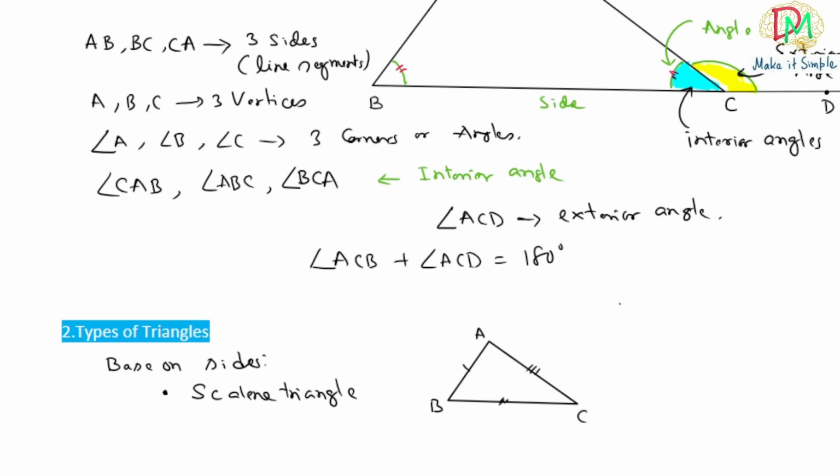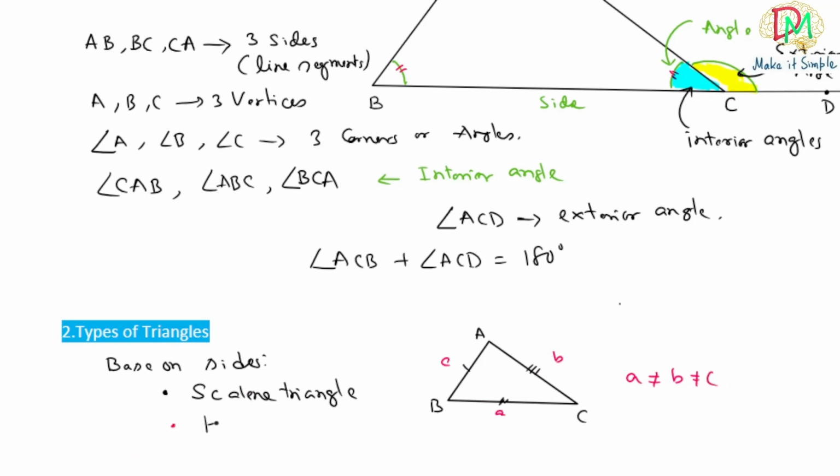And also we can represent this length of BC, since it is opposite to the angle A, so we can write as a, b, c. So for the scalene triangle, a not equal to b not equal to c.